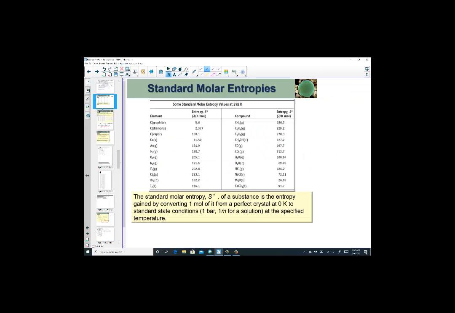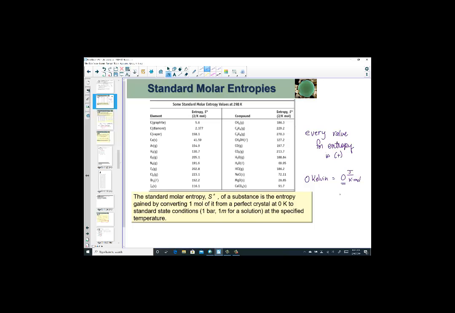Now, to just share with you, when we look at some of these entropy values, pulling them from our appendix or the standardized chart we're provided, notice that every value is positive. I'm just making that note here. And that's a critical observation because, remember, at 0 Kelvin, the third law of thermodynamics would say every pure crystalline substance would have a value for entropy of 0 joules per Kelvin mole.